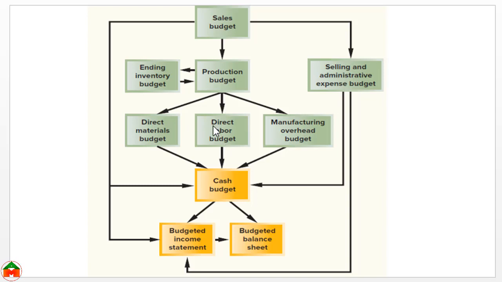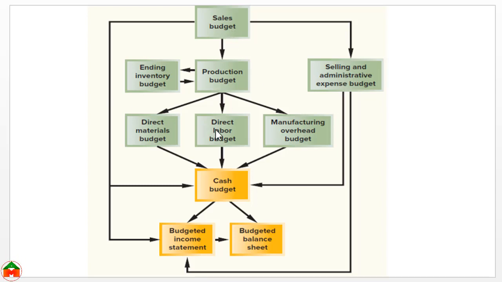We can see the interrelationships between the budgets in master budgeting. In the first tutorial on master budgeting we discussed the introductory issues as well as the sales budget, including the schedule of expected cash collections.